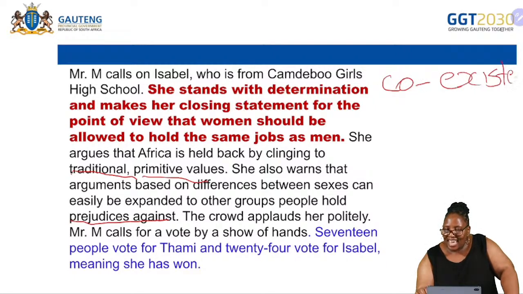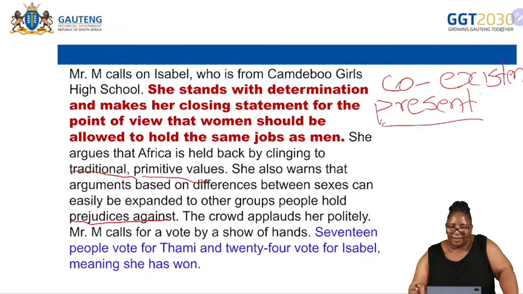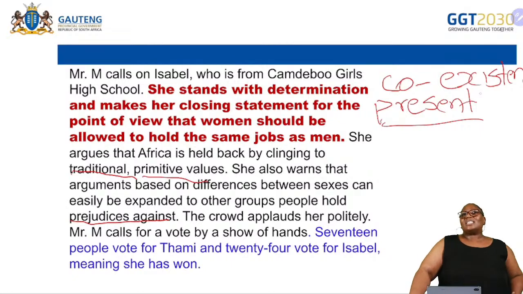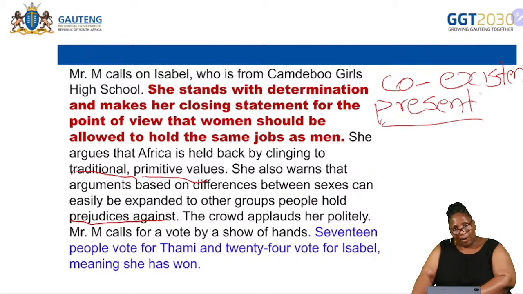We can take what happened in the past and put it easily in the present. People can do what? Coexist. Because we are now in the 20th century, we are not going to be stuck in the past. Our history determines our future, isn't it?